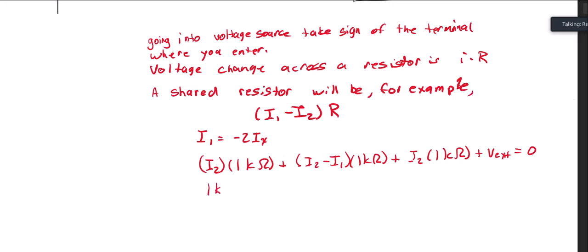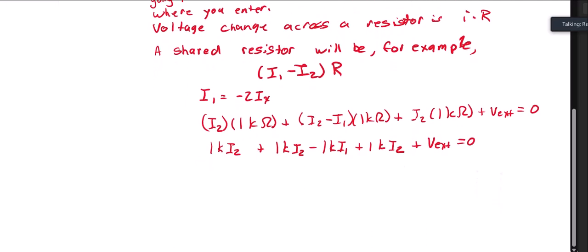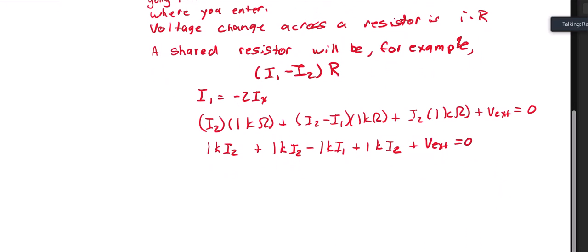So that's 1K I2 plus 1K I2 minus 1K I1 plus 1K I2 plus V external equals 0. And that gets me, let's see, and I2 was what?